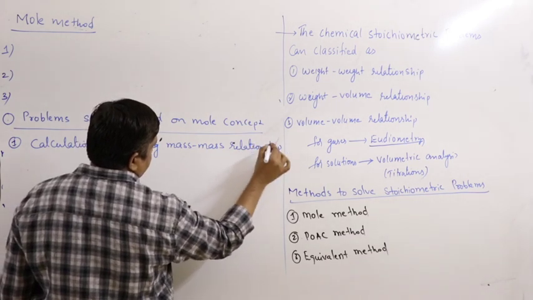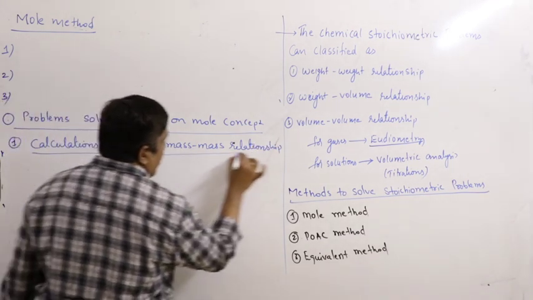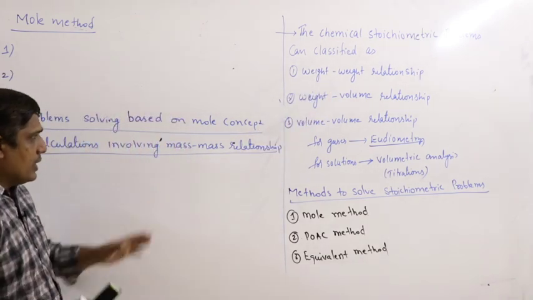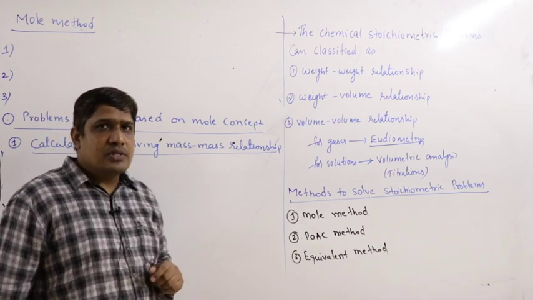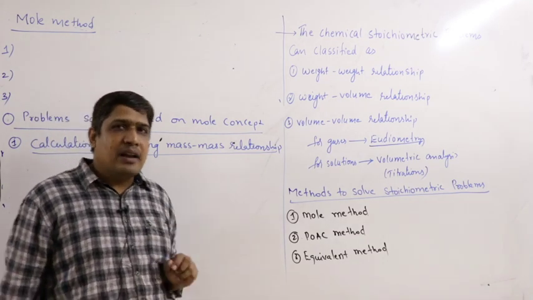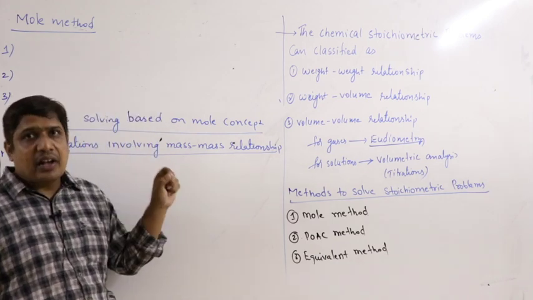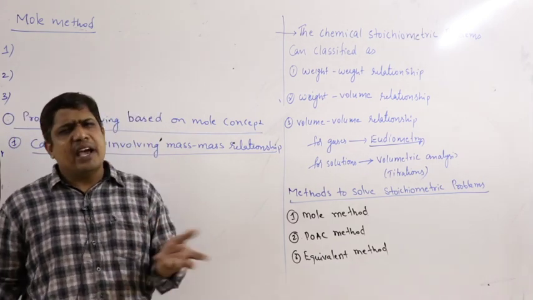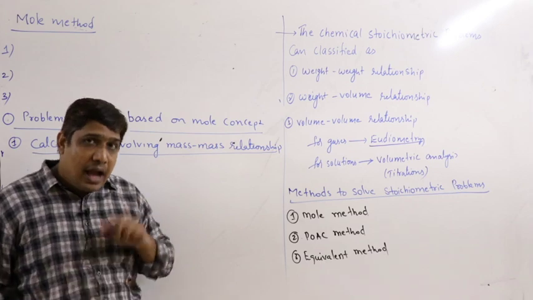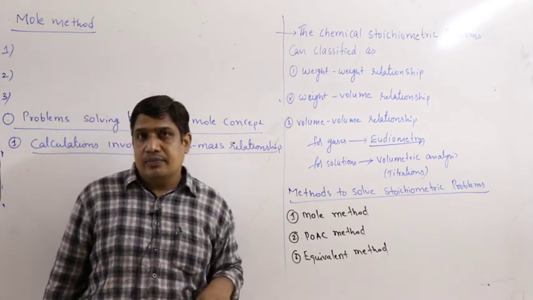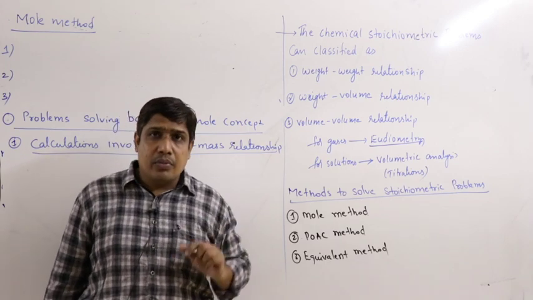What happens in this type of weight relationship or mass relationship? In these problems, first you have to write the balanced equation, then find the mole ratio. Mass of a component will be given, it can be a reactant or product, and mass of some other component is to be calculated. This can be a reactant or product.